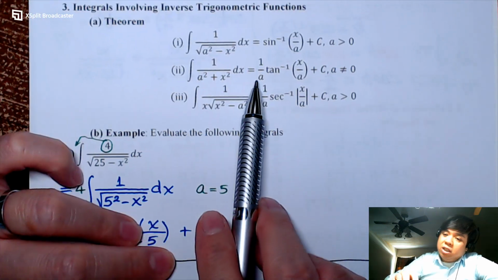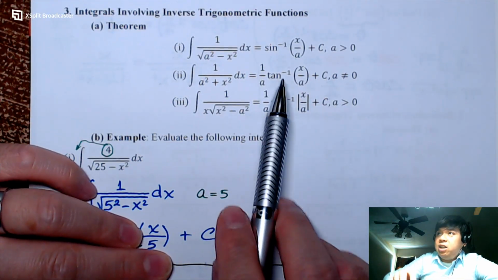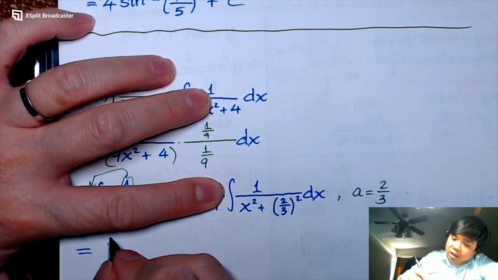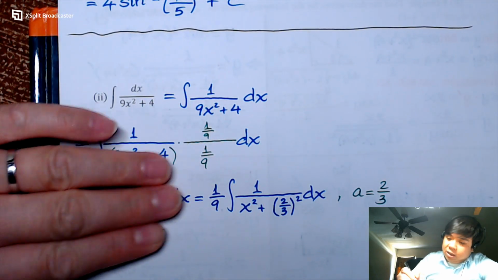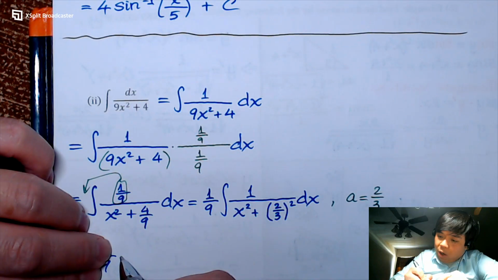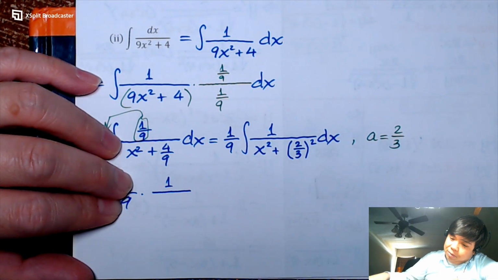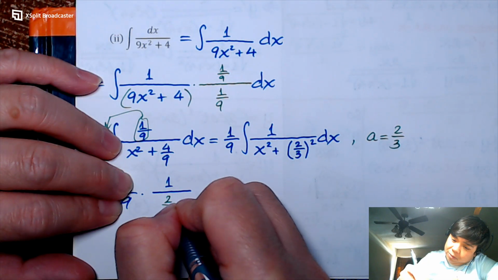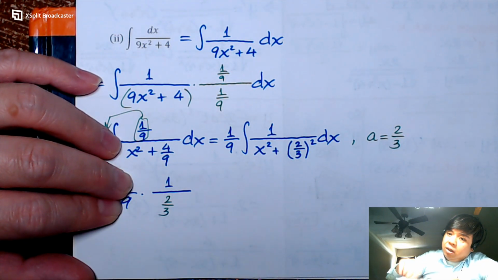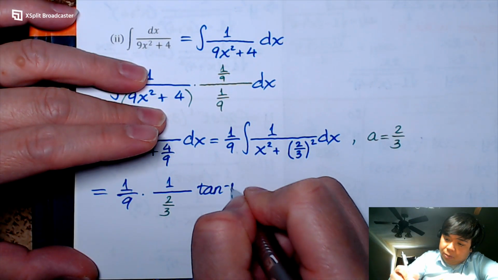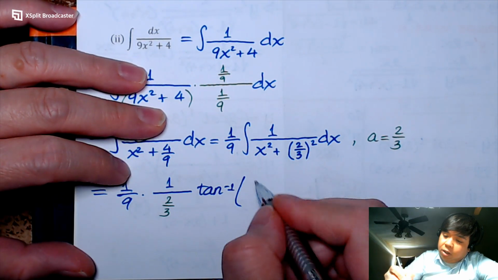And the formula is 1 over a tangent inverse of x over a. So ignore the 1 over 9. It is 1 over a, and then tangent inverse of x over a.